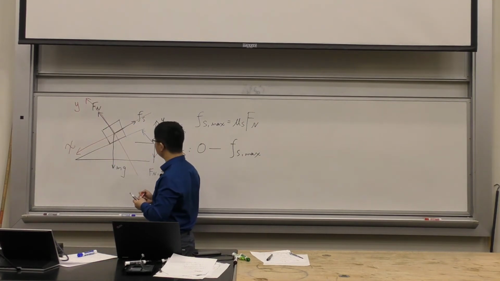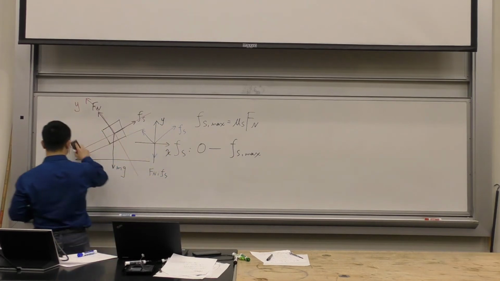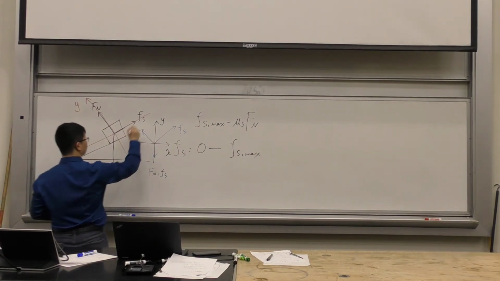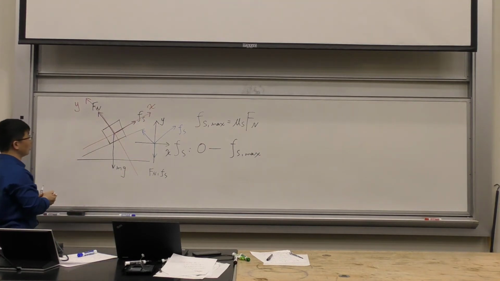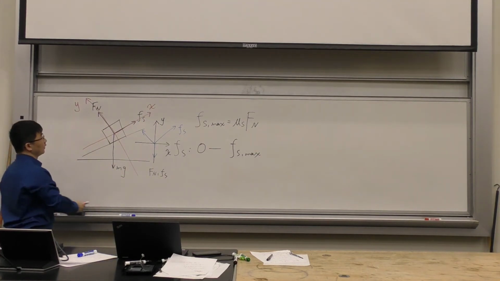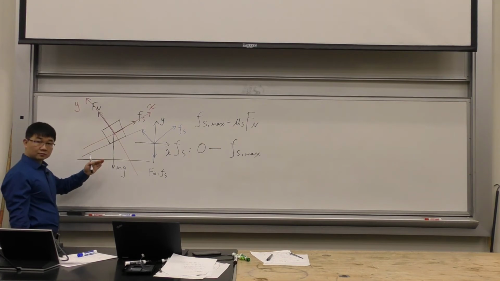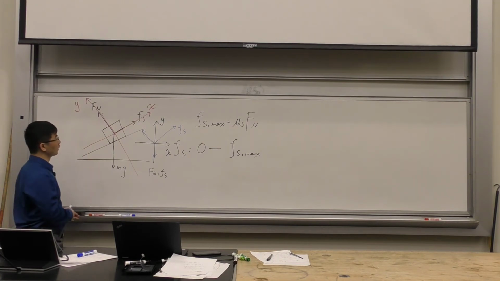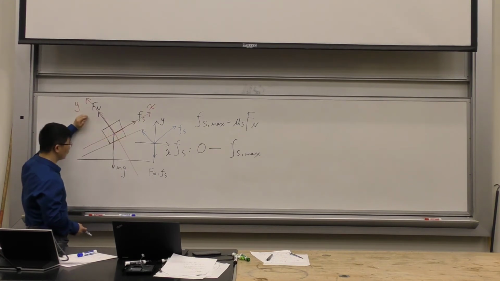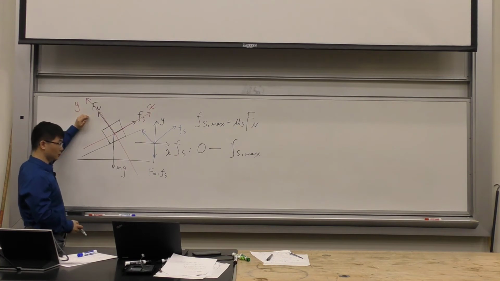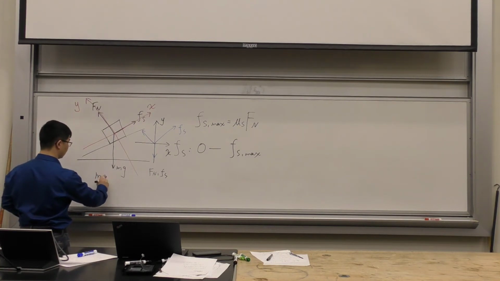Some people like to draw the x in that direction. It doesn't matter which direction you call positive. If you use this coordinate system, how many forces do you need to break? Only gravity, because the static friction force is going to be on my x-axis, and normal force is going to be on my y-axis. So the only force I need to break is gravity.